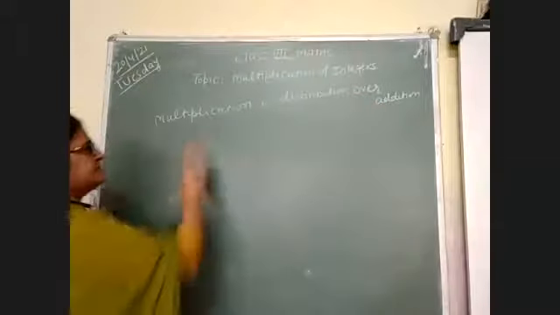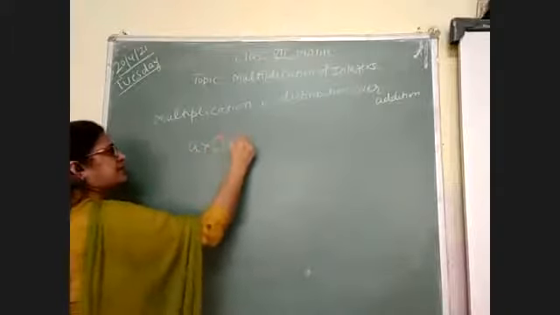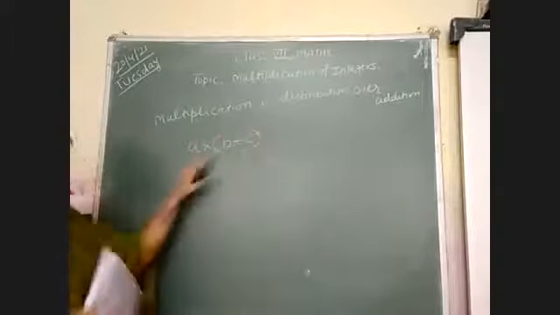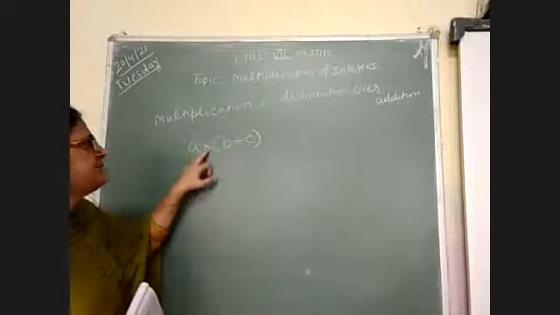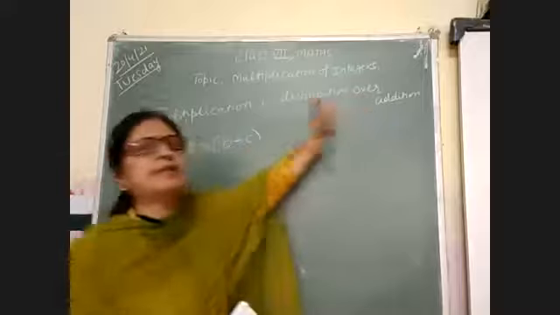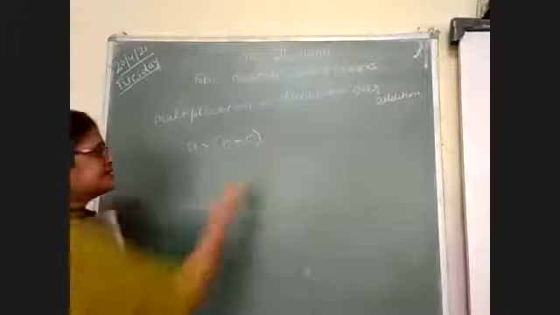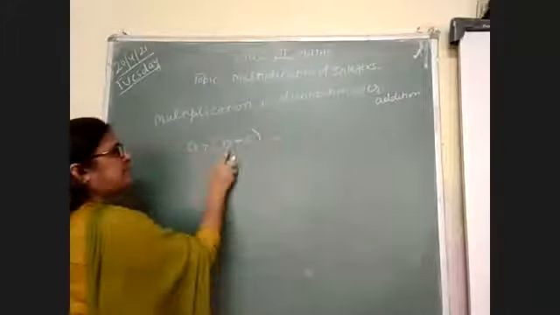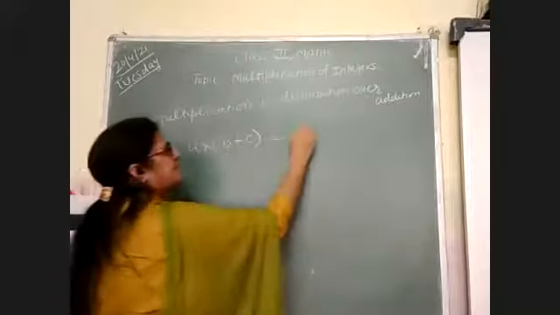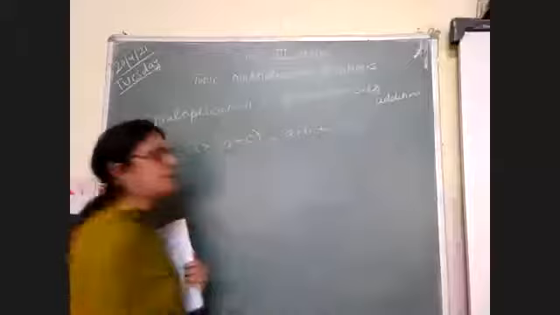It means when A multiplied by B plus C. What does it mean? Multiplication is distributive over addition. A multiply B plus C. When we expand this, it is equal to A multiply by B plus A multiply by C also.